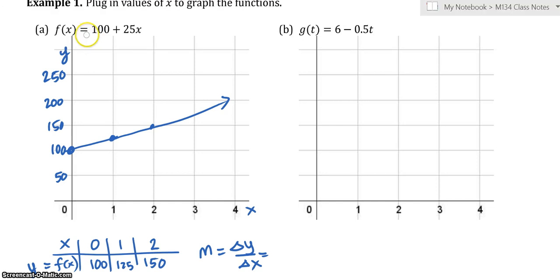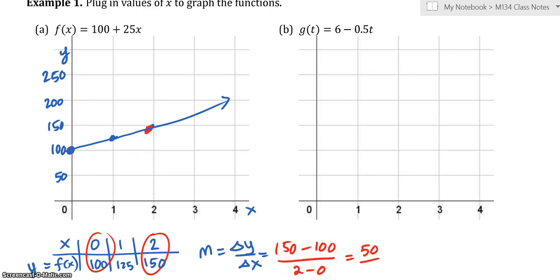I'm going to pick in red these two, just to show you. So it's going to be 150 minus 100 all over 2 minus 0. So it looks like 50 over 2, which is 25. This is all part A.